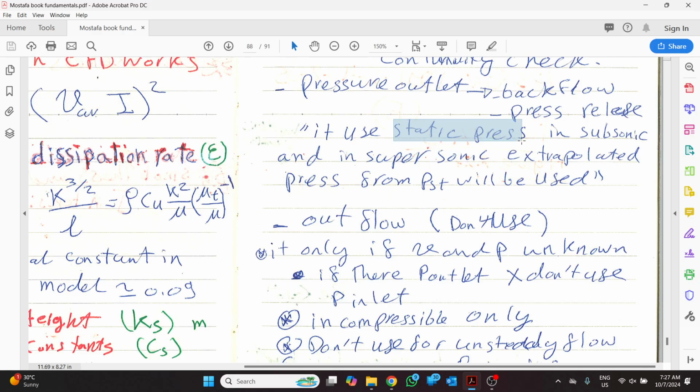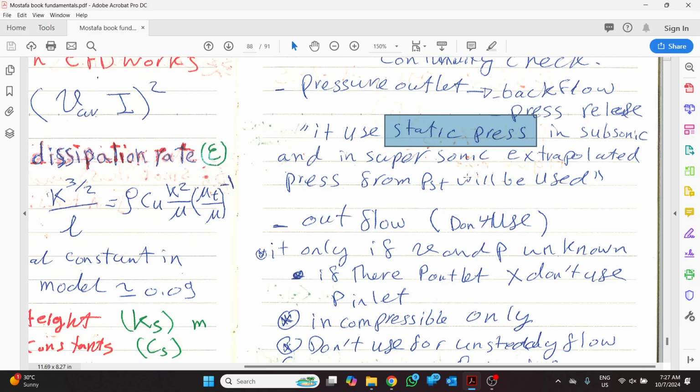But just note, what you define as static pressure is applicable for subsonic flow. In supersonic flow you will use this static pressure, but it will be extrapolated to a new one by the CFD algorithm in relation to your PS, so you will find it different.